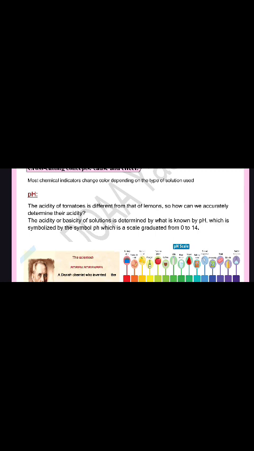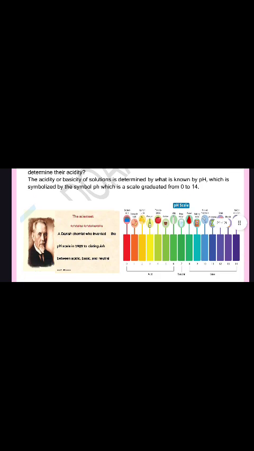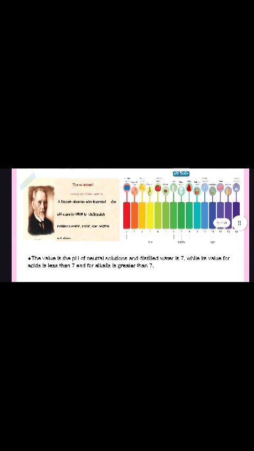pH. The acidity of tomato is different from that of lemons. So how can we accurately determine their acidity or the different levels of acidity? The acidity and basicity of solutions is determined by what's known as pH, which is a scale graduated from 0 to 14, like we've mentioned before.